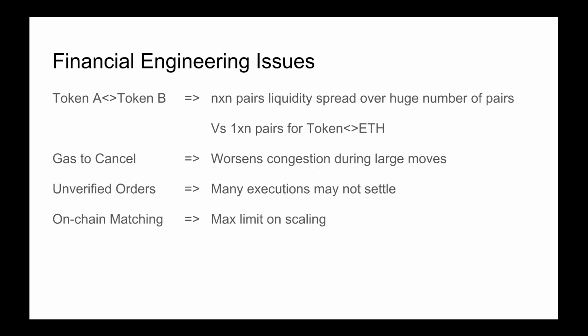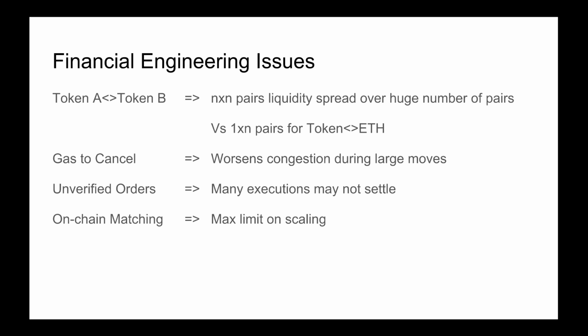So these are some financial engineering issues that DEXs sort of gloss over, and which also prevent them from being attractive to market makers. Many DEXs sort of do a model of you can exchange any token with any other token. For example, you can change Binance token with the Golem, or any hundreds of tokens with any other 100 tokens.